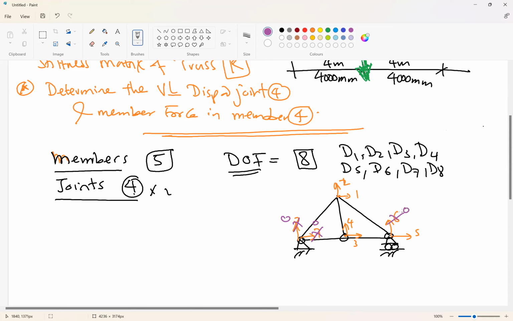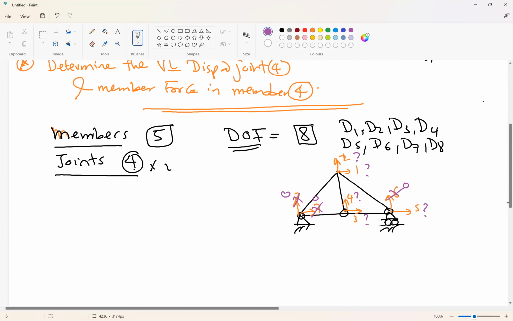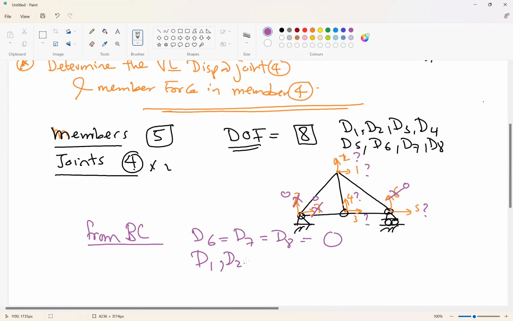Here, only one is 0 because this is a roller, so movement in the other direction is allowed. So how many unknowns do we have here? 5. So from the boundary conditions, we have D6 equal to D7 equal to D8 equal to 0. But D1, D2, D3, D4, and D5 are all unknowns to us.